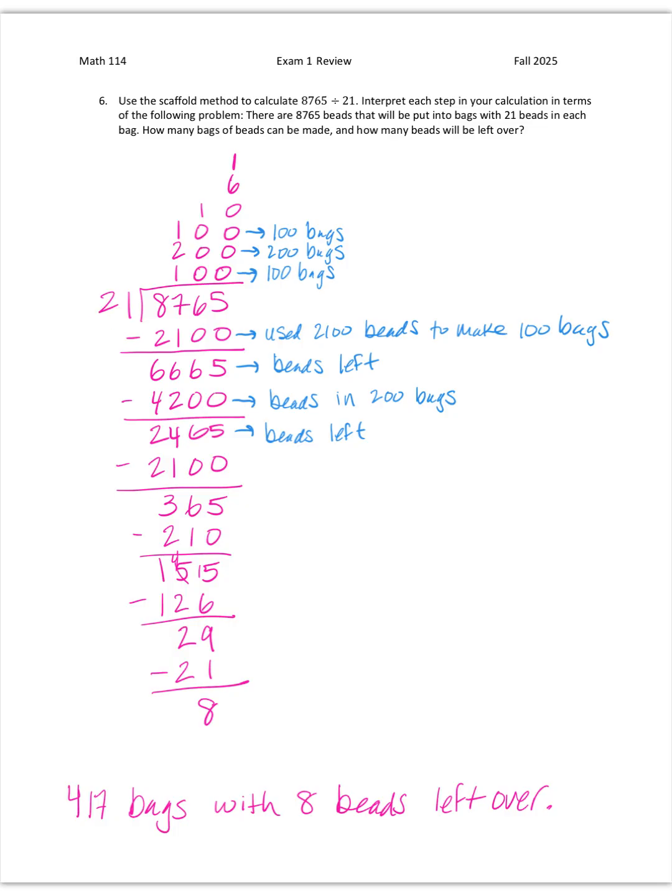I used 2,100 beads in the 100 bags I just made. And then I subtract how many beads I had minus how many I just used to make those 100 bags, and I have 365 beads left.